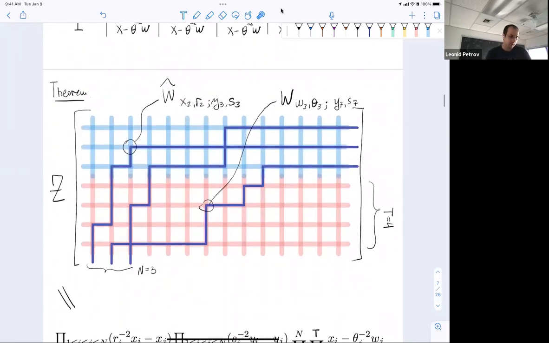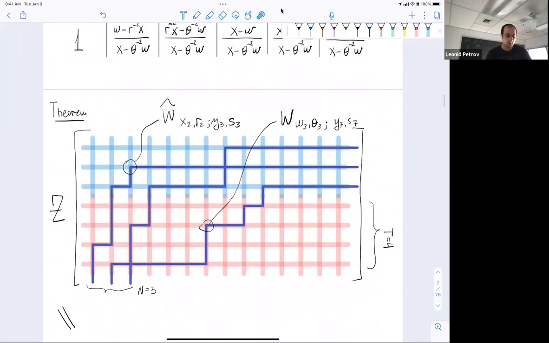Okay, so once you define these weights, because they're free fermion, the domain wall boundary condition factorizes.